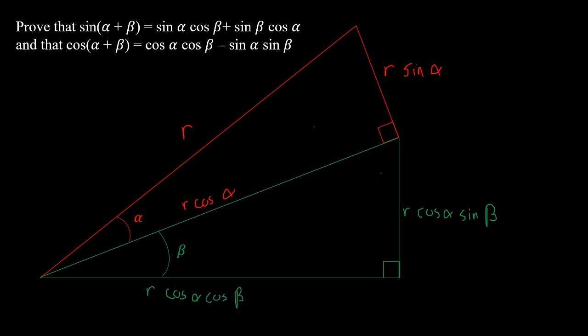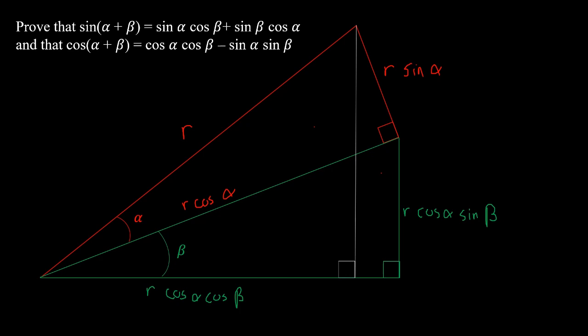So the adjacent side of the green triangle relative to angle beta is equal to r cosine alpha cosine beta.